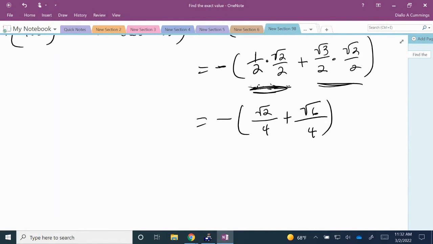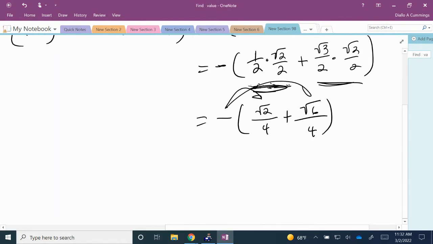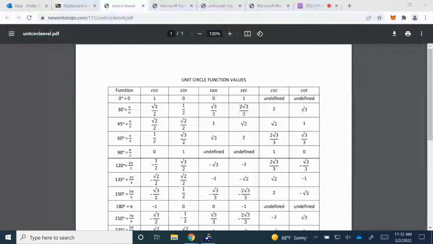And then we're going to distribute the negative. So we have negative square root of 2/4 minus square root of 6/4. And I'm going to check the solution just by using the calculator.